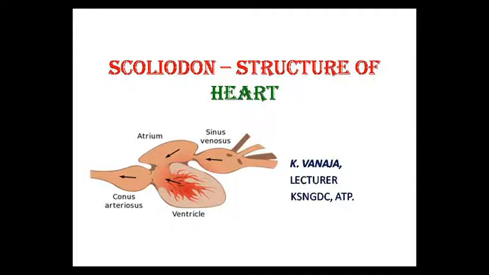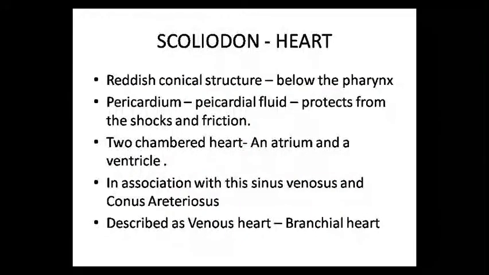They are one atrium and one ventricle. If you go into the structure, the heart in Scoliodon is a reddish conical structure which is situated below the pharynx. It is enclosed within a pericardium which is filled with pericardial fluid.